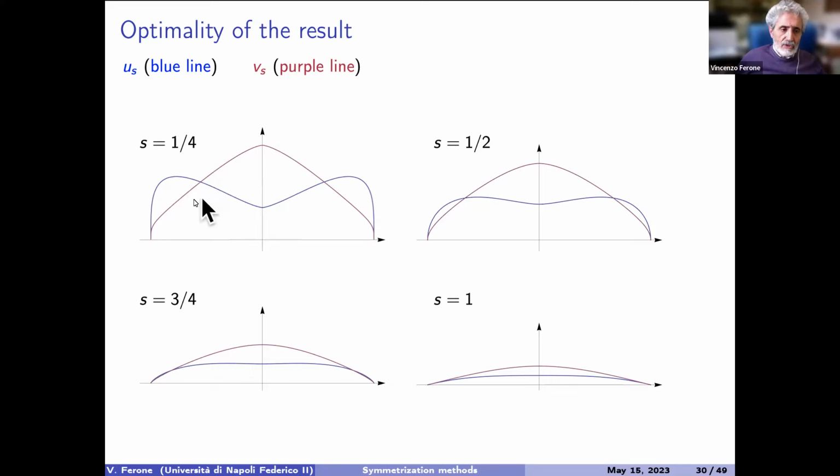So naturally, it has to go up to be bigger than the solution of the symmetrized problem. Anyway, we have shown that also when s is very close to 1, there is always a level set of the blue line which has a measure bigger than the corresponding level set of the purple line. So no hope to obtain a pointwise estimate.